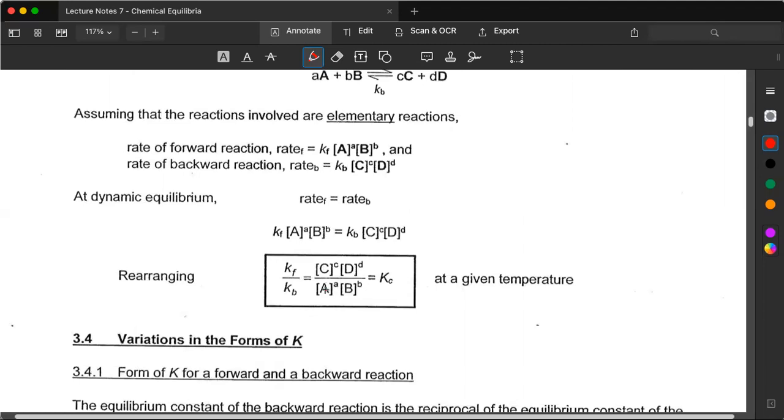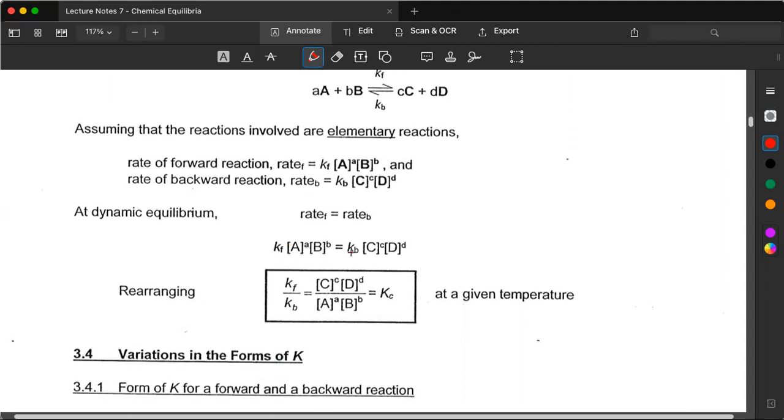If you recall kinetics, this is how we write the rate equation: Kf times [A]^a [B]^b equals Kb, the rate constant of the backward reaction, multiplied by [C]^c [D]^d. Then you can arrange the equation to have the ratio Kf to Kb, and that will actually be Kc. That's how the expression is derived.